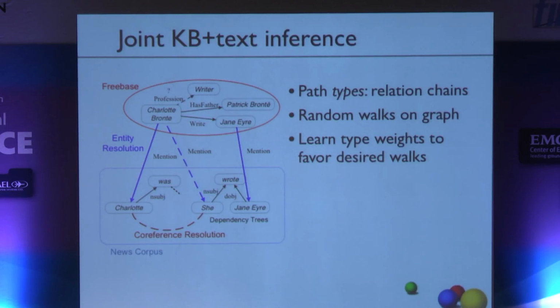And we're going to learn type weights, that is, weights over sequences of those relation labels that favor desired walks. Desired walks are, for instance, the walk that says that if I want to say write, then this sequence of things is a good way of saying that.